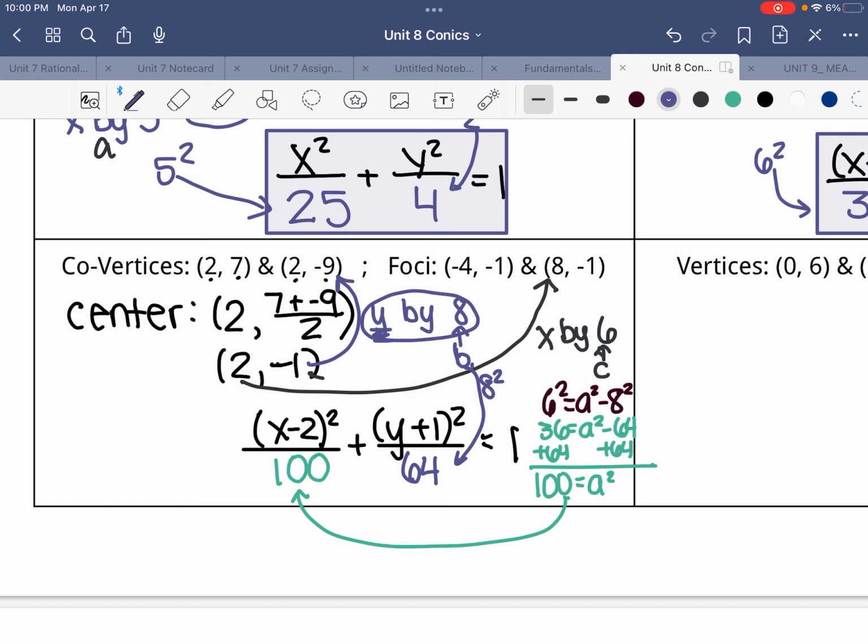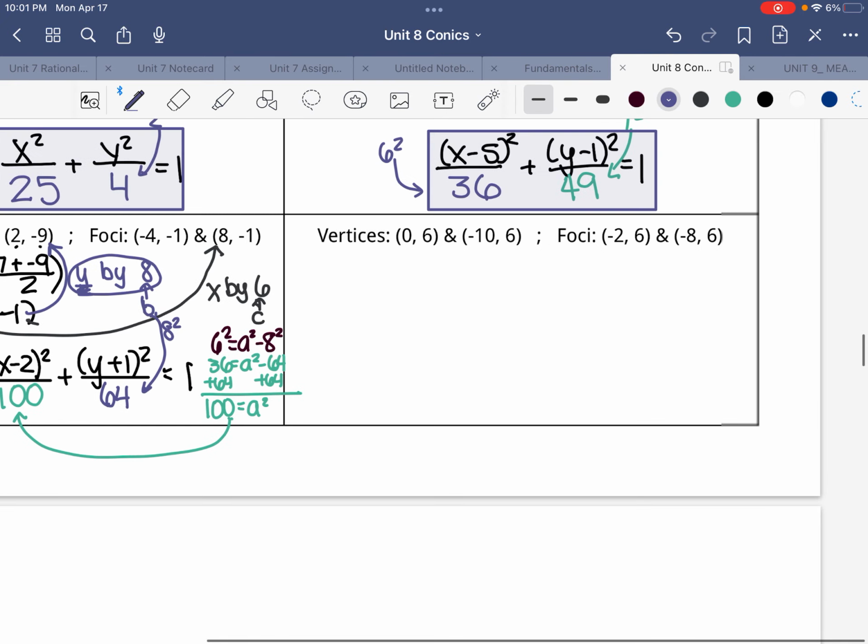So the only way I was able to tell which one the a went underneath is by knowing which one the b went underneath, because it's whatever is left. It gets a little tricky, but you have to use c squared equals a squared minus b squared. And I know it's kind of annoying because you have to do all this extra side work.